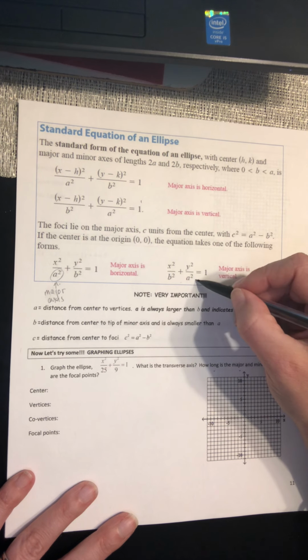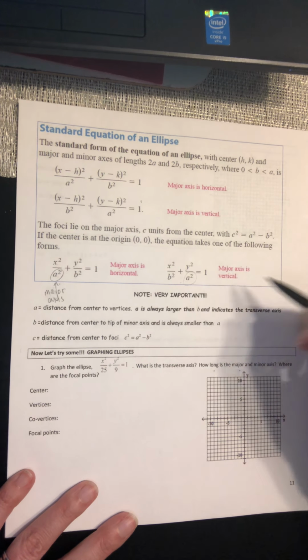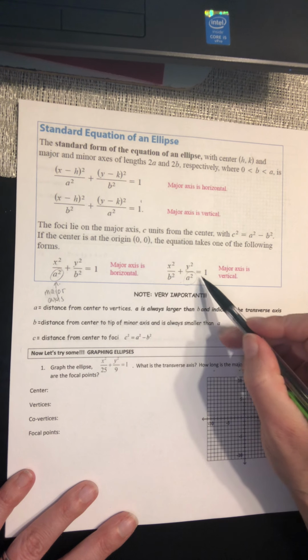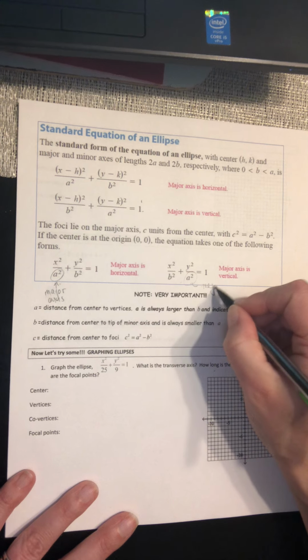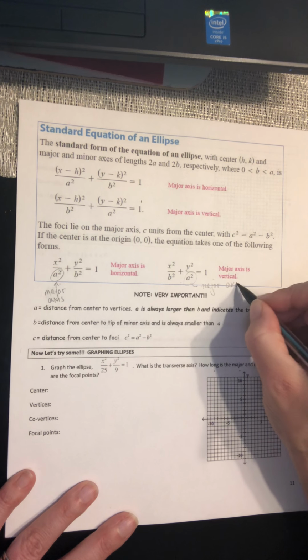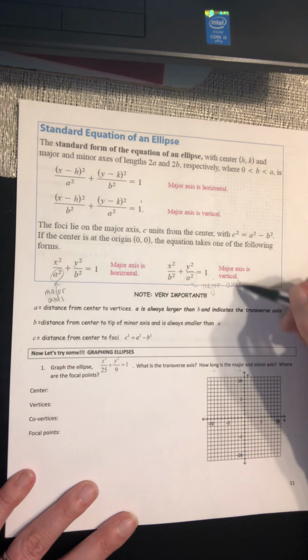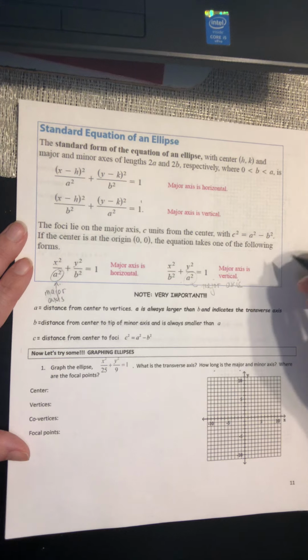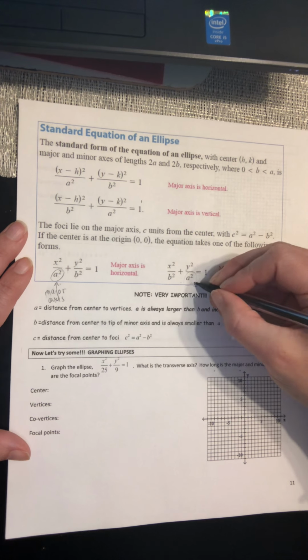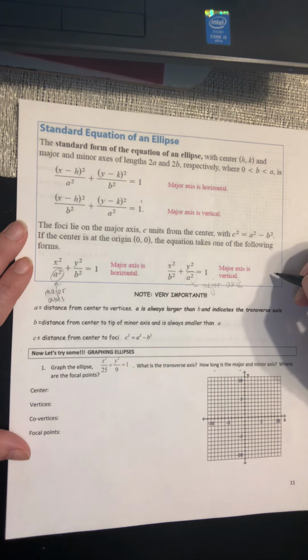Then if you look here, the a squared is underneath the y, so that's going to create our major axes in the y direction.